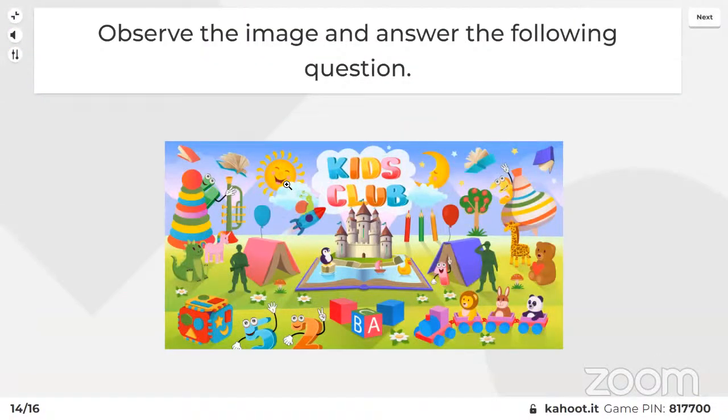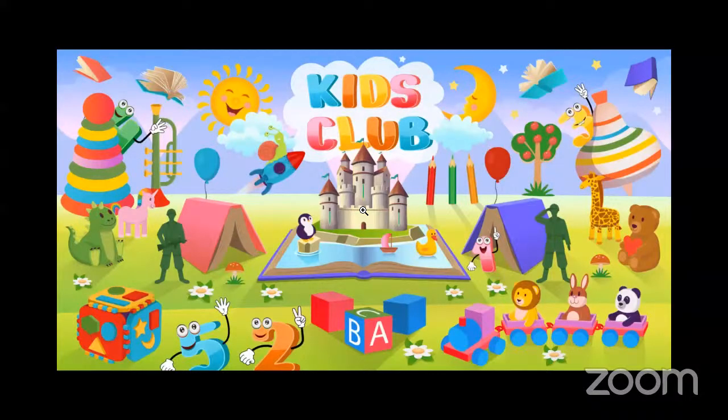Now we are moving on to the observation question. So this question, you can just observe for around 30 seconds. So after that, two questions will be asked based on this image.